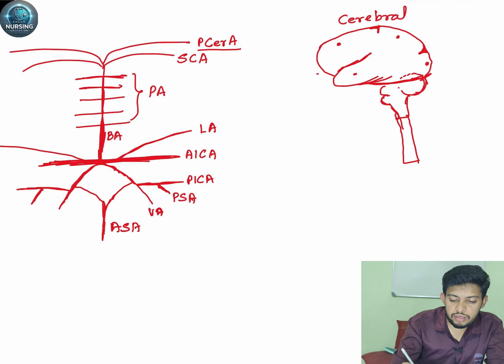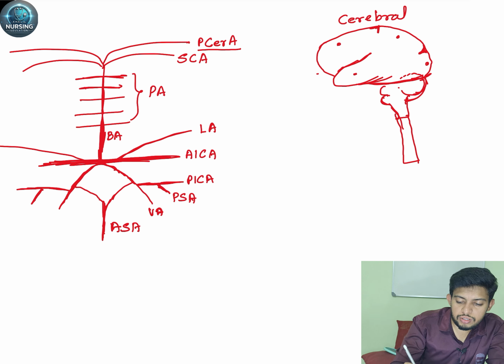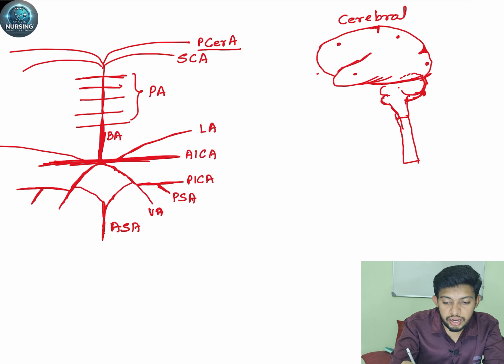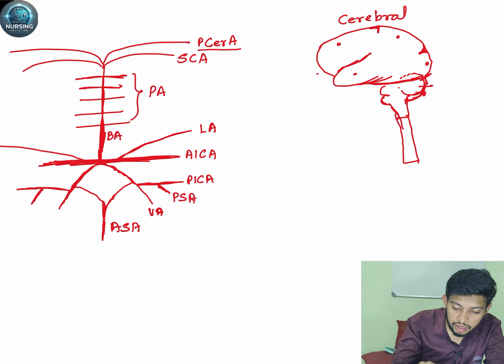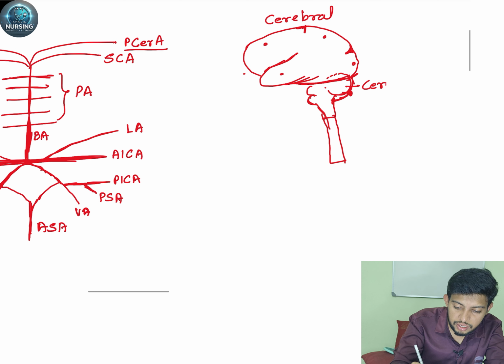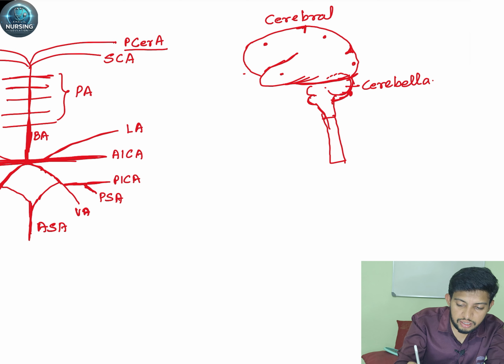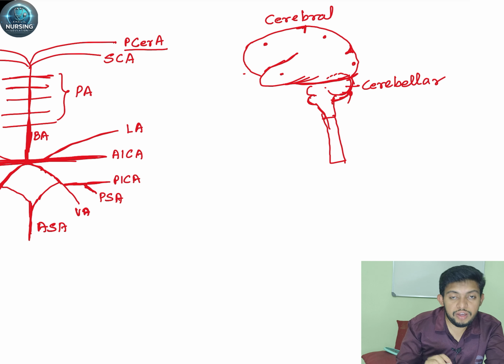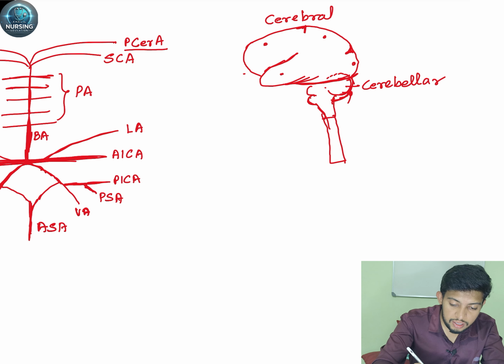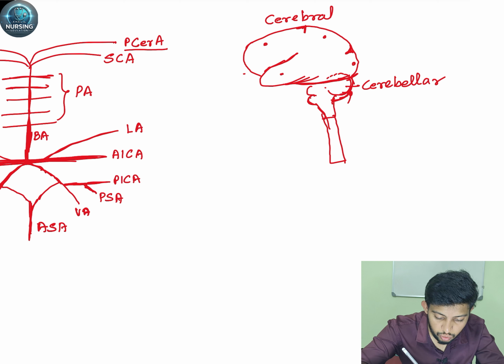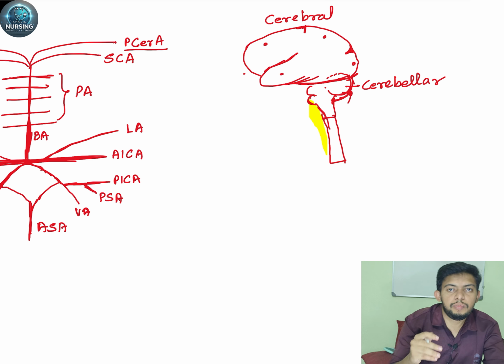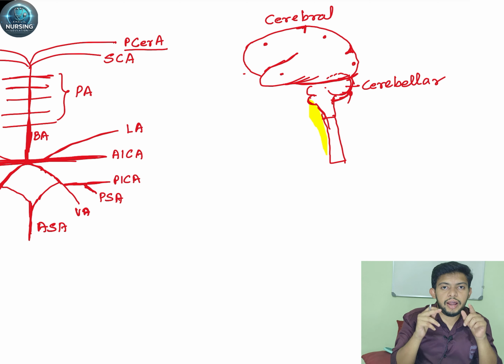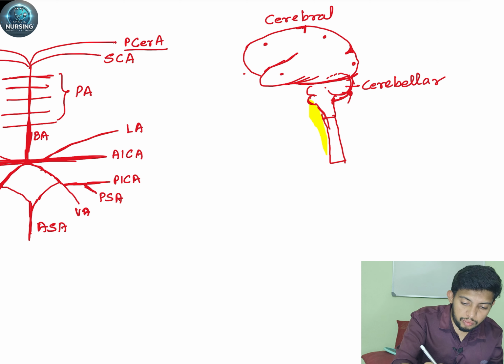Clear? So here is the pons, and this area is the posterior inferior cerebellar. This one is the cerebellar artery, which supplies the cerebellum. The vertebral arteries come at the anterior aspect of the medulla oblongata.